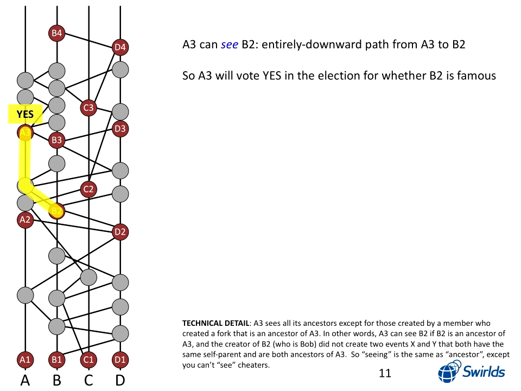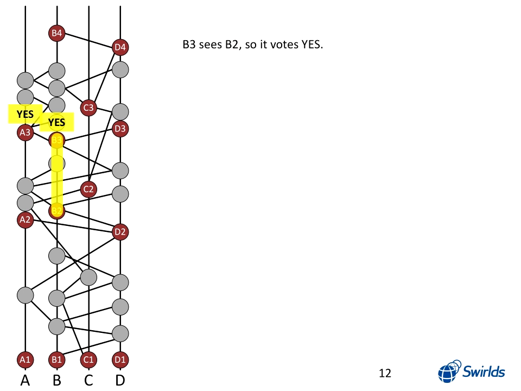Now, that's why A3 votes yes. You can also look at B3. Same deal. It votes yes because there's a line going straight down. And C3 votes yes because it has a line down to Dave, and then Dave has lines down to earlier Daves, and then the earliest Dave has a line down to B2, and so we have a path, and so C3 votes yes.